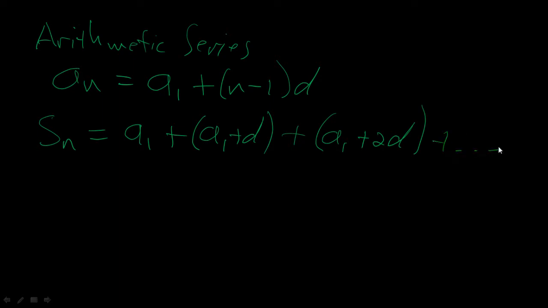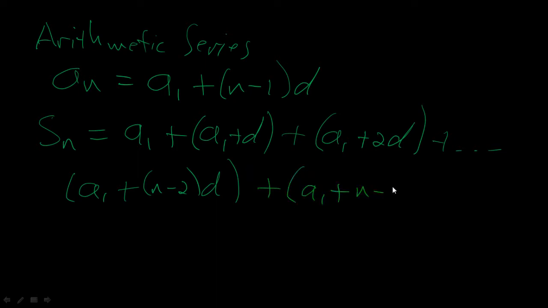We can continue this until the second last term. The second last term will be given by a1 plus n minus 2 times d, and the last term will be given by a1 plus n minus 1 multiplied by d, the common difference. Now the last term is easy to understand. This is just an implementation of our general formula for an arithmetic sequence.